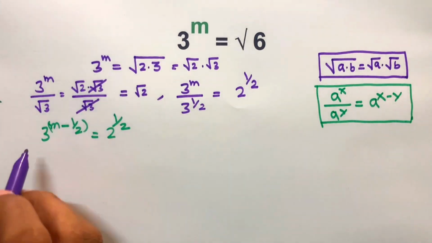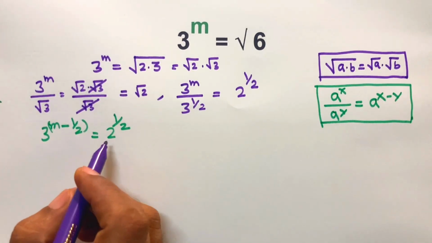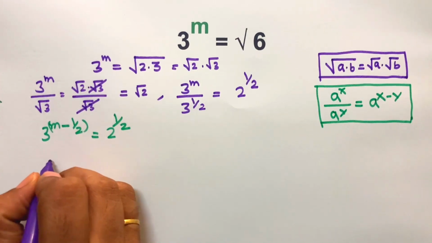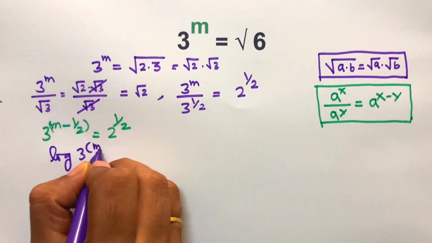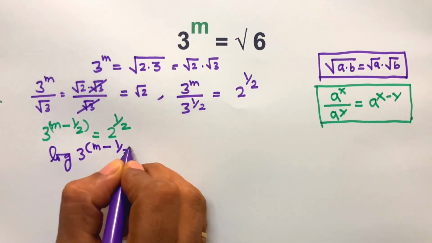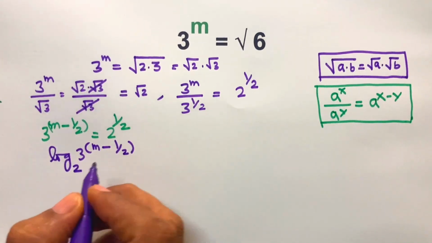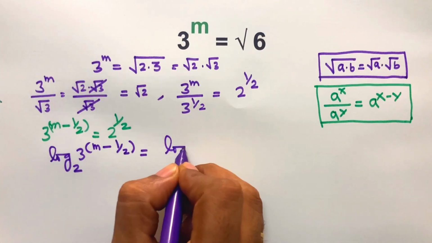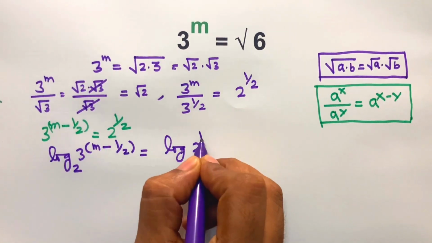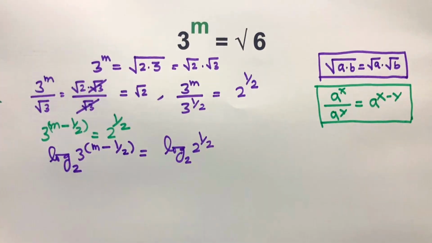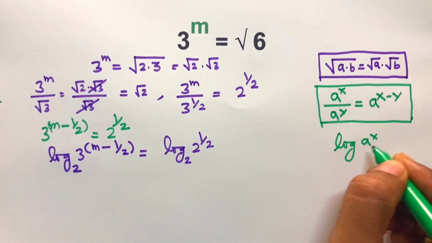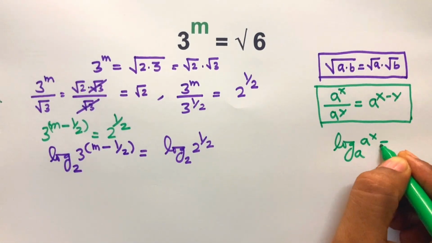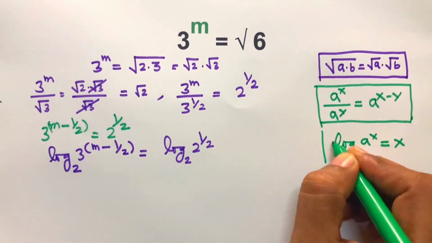To further solve it, take log on both sides. So log of 3 to power m minus 1 divided by 2, log base 2, equals to log 2 to power 1 by 2 to base 2. As you must know that log a to power x, log base a, is also equal to x.